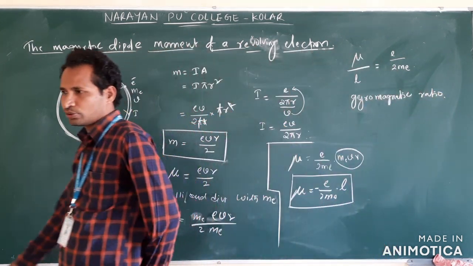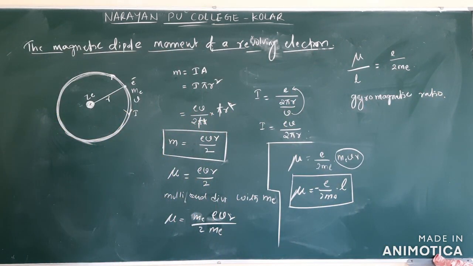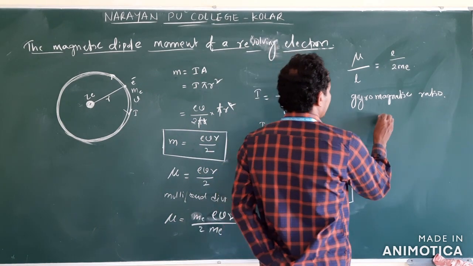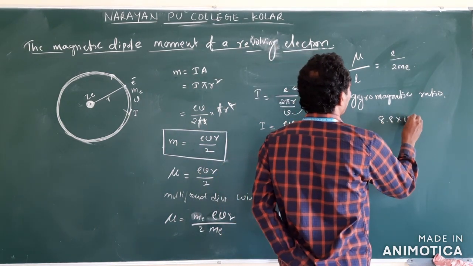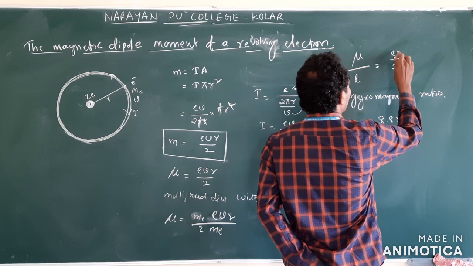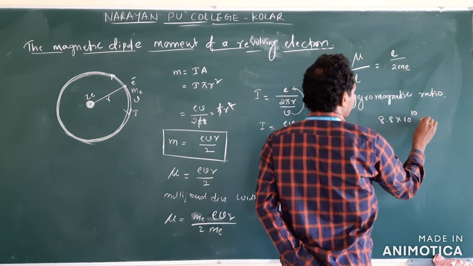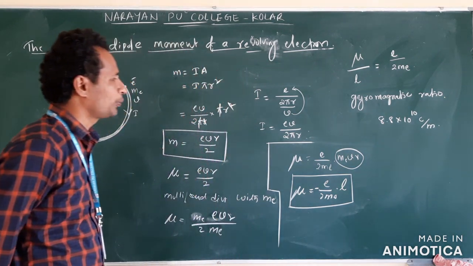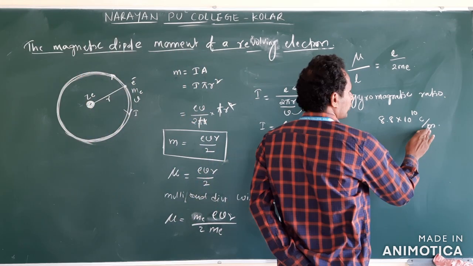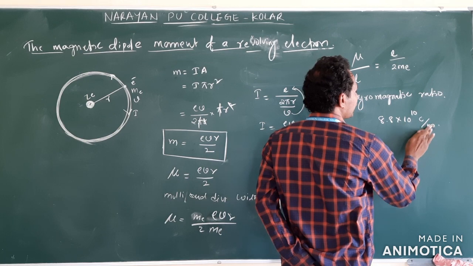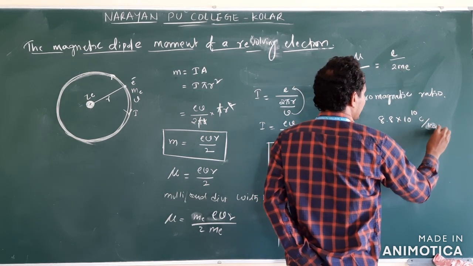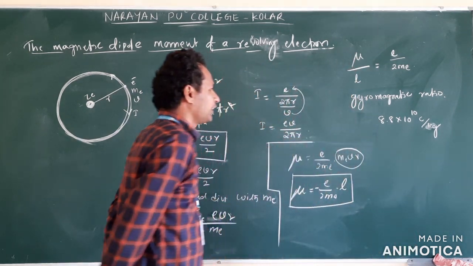Mu by L is equal to the gyromagnetic ratio. If you substitute the E value and ME value, you will get 8.8 into 10 power 10 coulomb per kilogram. This is the gyromagnetic ratio.